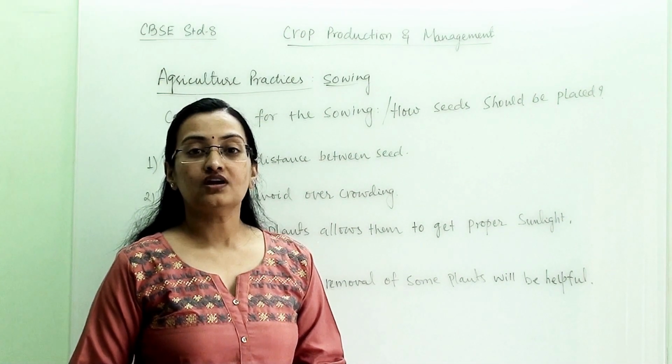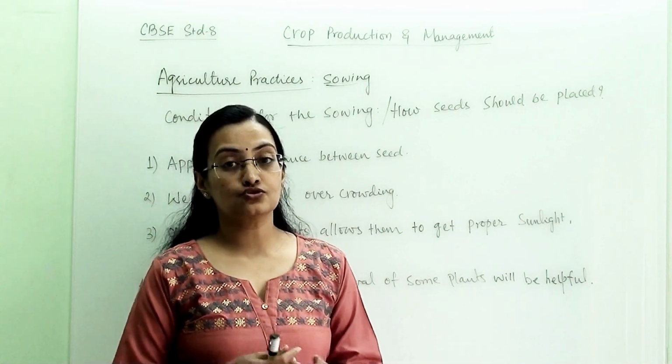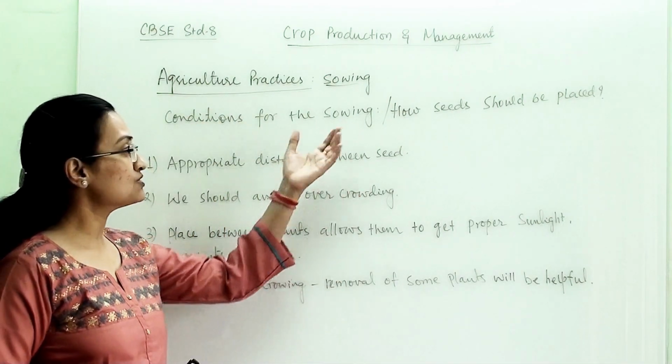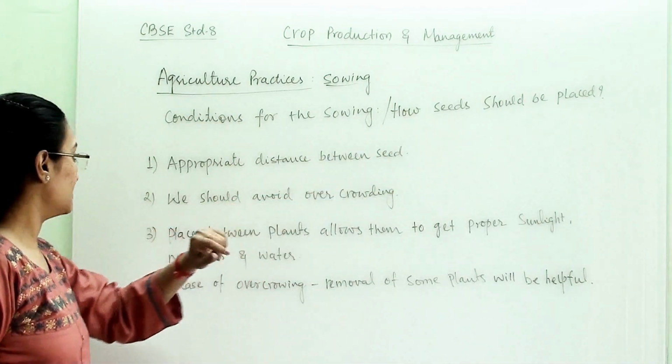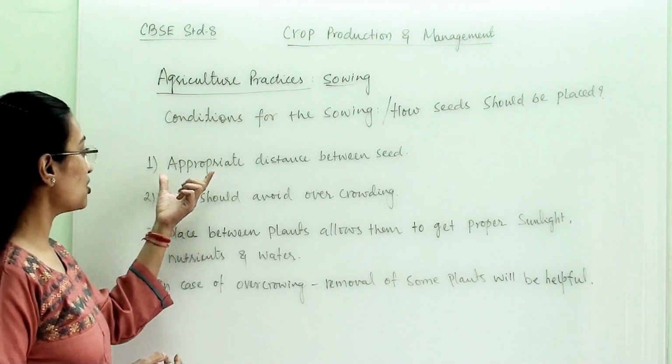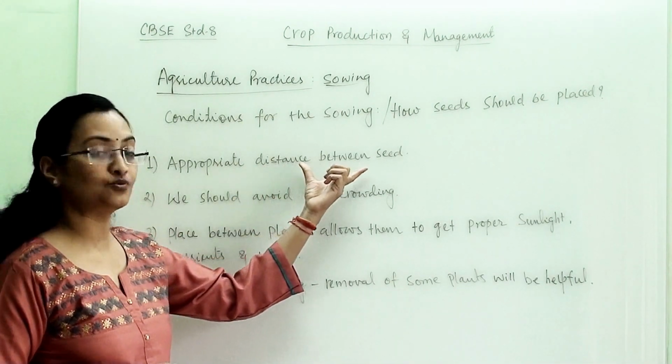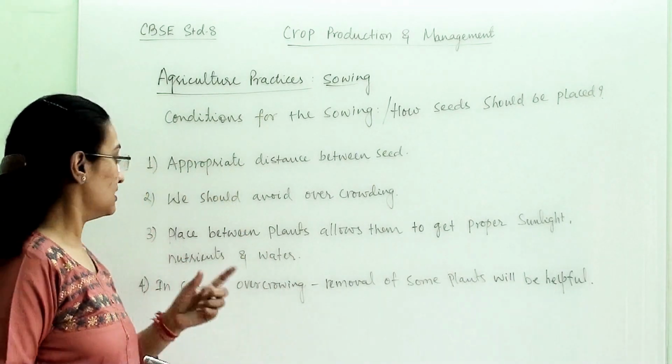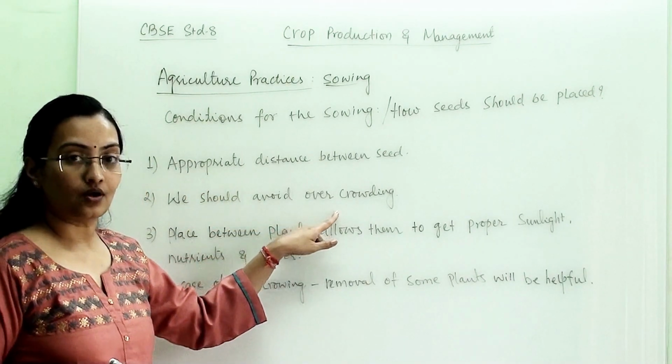Now let us see what are the important conditions for the sowing, or how seeds should be placed in the land. So there are 4 conditions for that. First one is very important, that is appropriate distance between seeds should be there. We should avoid overcrowding.